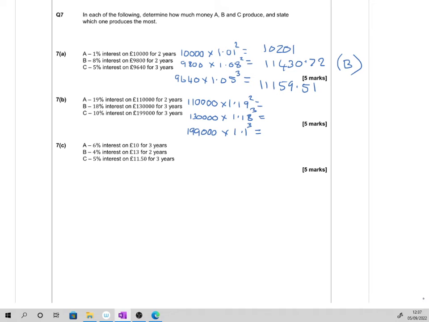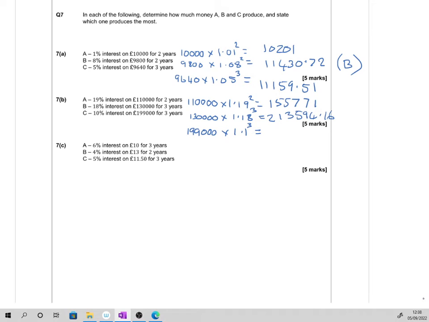Okay, 110,000 times 1.19 squared equals 155,771. Next one, 130,000 times 1.18 cubed is 213,594.16.